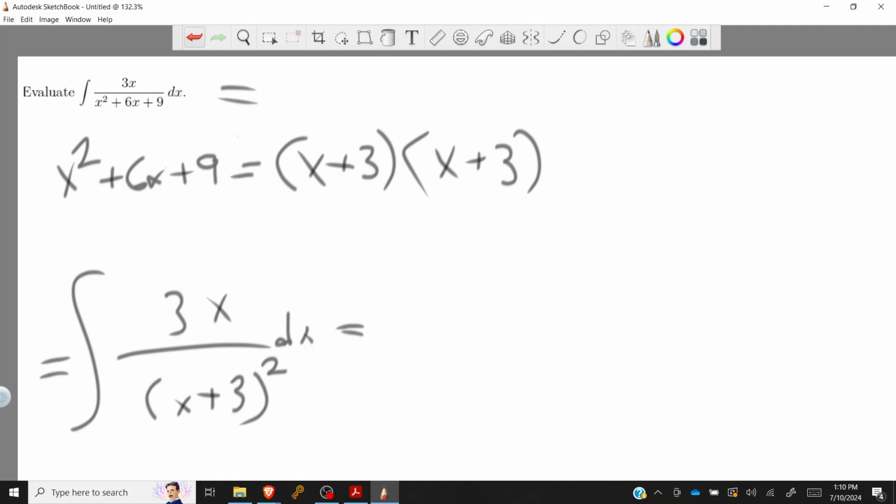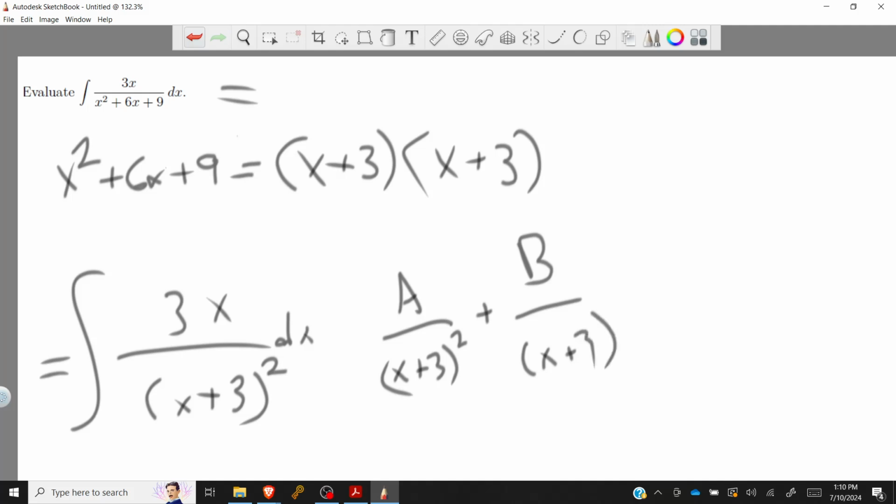So now I can say this fraction is going to be equal to some number a over x plus 3 squared plus some number b over x plus 3. So again, with these double powers, a repeated root, we're going to do it once with the power, and a second time without the power.